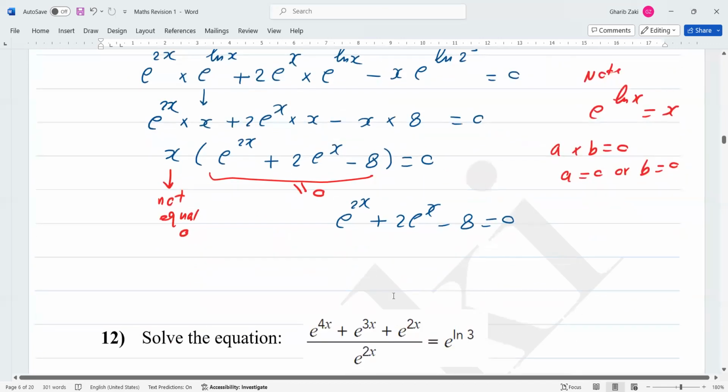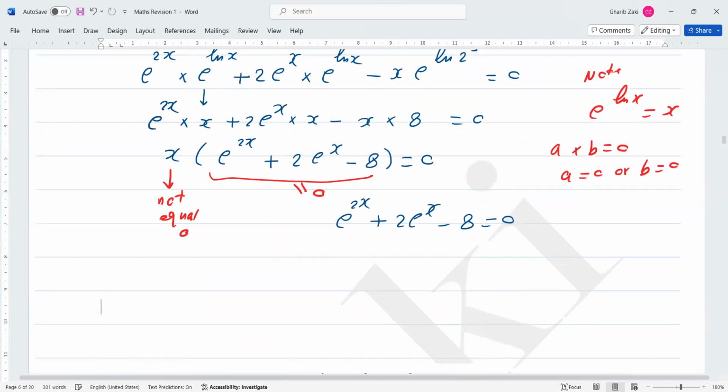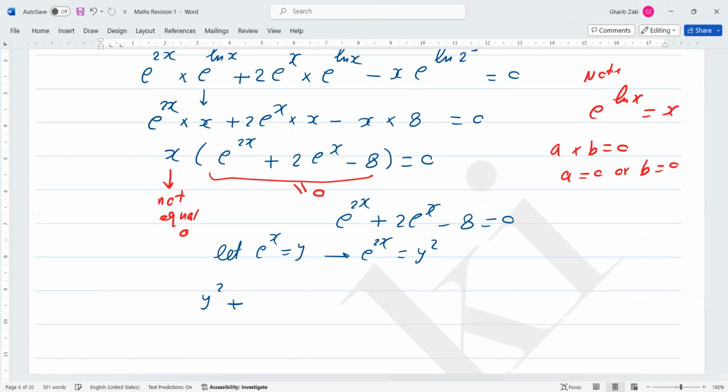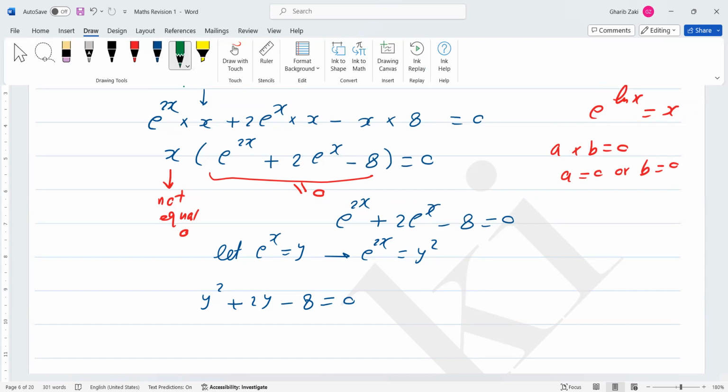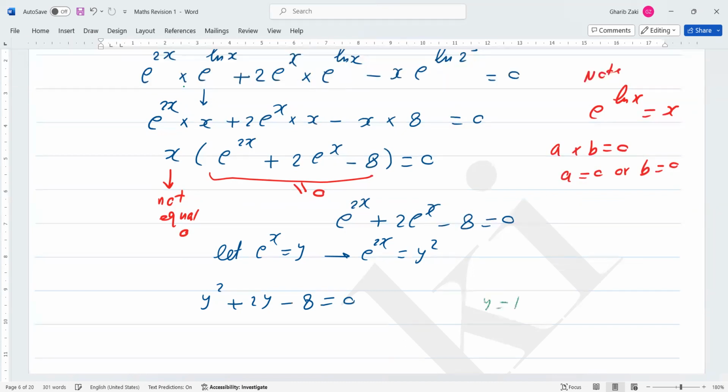Let e power x equals y. Then we solve it. So e power 2x equals y squared. Then the equation becomes y squared plus 2y minus 8 equals 0, by using the quadratic formula. Okay, here y equals 1 or y equals negative 2.